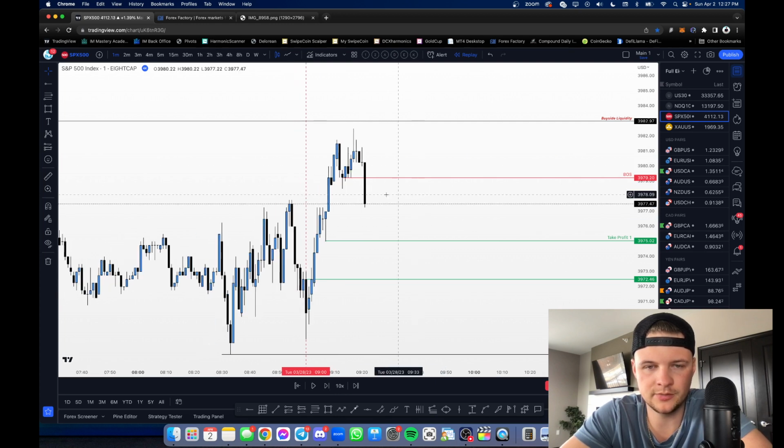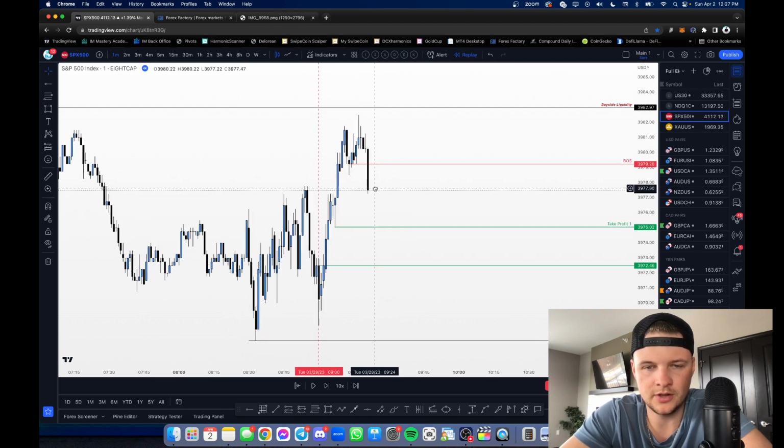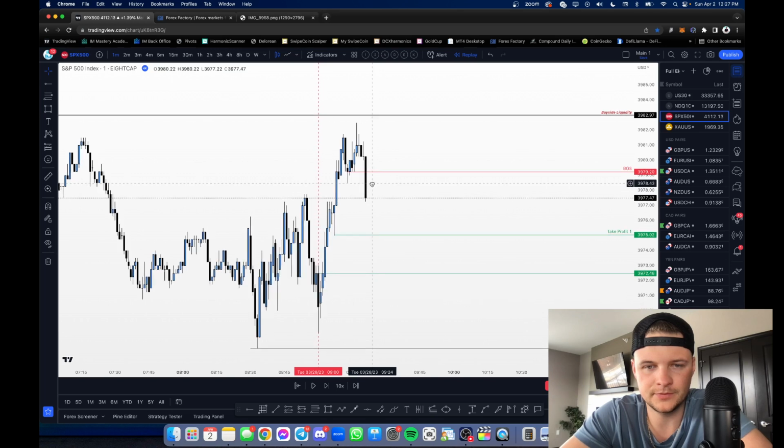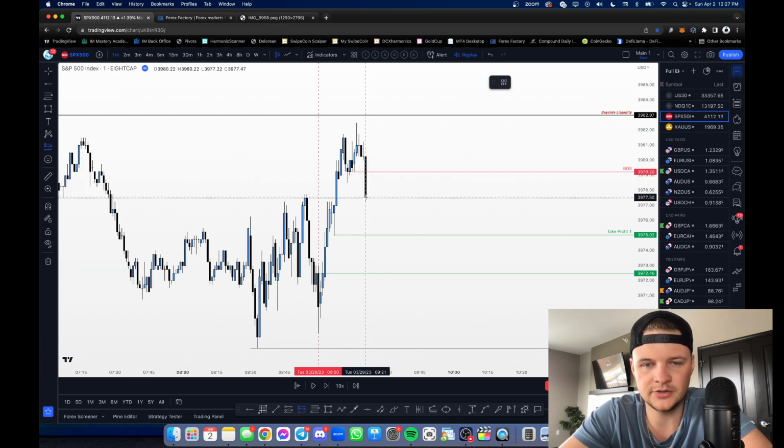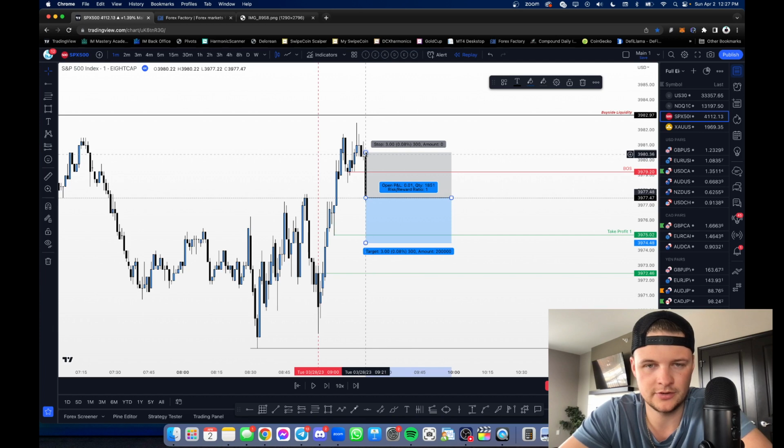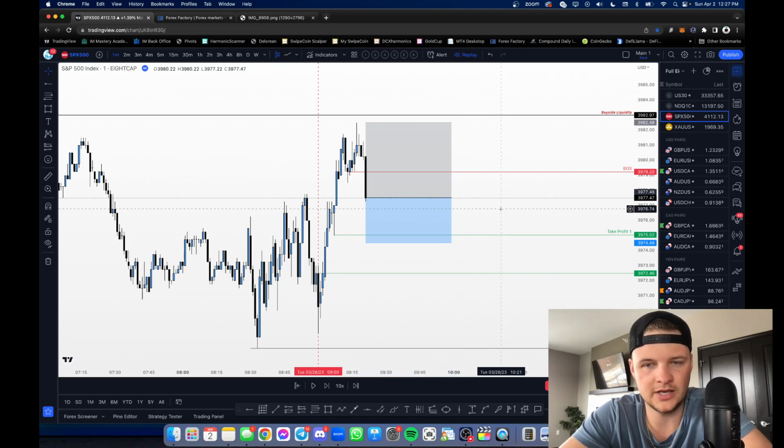So boom, here's the break of structure, and now this looks like a really long distance from where we were anticipating the break of structure to where we actually got it. So this could have scared some people into not entering, but we did enter right off that break of structure. The reason is this stop loss was still only 5 points. Not a big stop loss whatsoever.